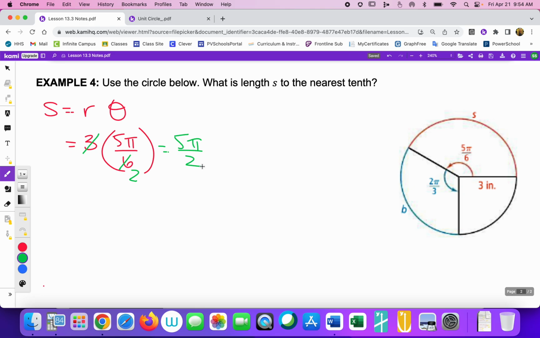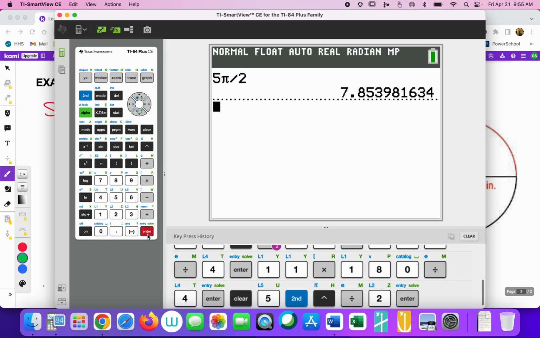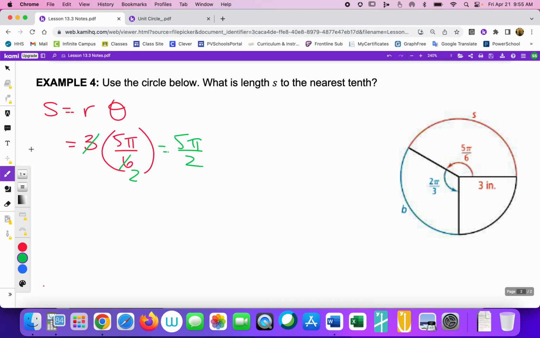Do you guys know where pi is? Yeah. Where? For those of us that don't know. It's second, and then the button right under clear where we usually do an exponent, the little caret. So 5 second pi divided by 2. So the nearest tenth would be what? 7.9, and then whatever the radius is, so since it's inches, 7.9 inches.